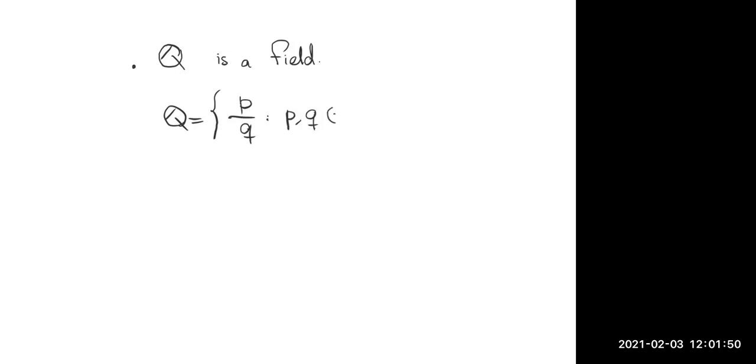So one thing you can check, I wouldn't do it here, is that the set of rational numbers is a field. If you look at all the numbers which can be written as P over Q, where P and Q are integers and Q is non-zero, the set of fractions, the set of rational numbers, that is a field.